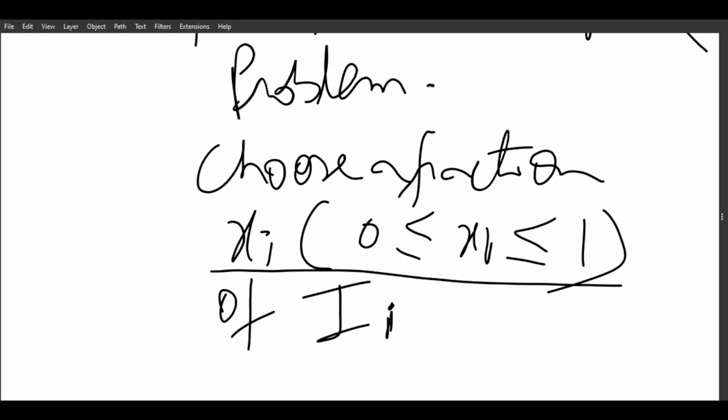So for the ith item we take the fraction xi, and xi can have a fractional value in the range 0 to 1. So we choose our solution like this.